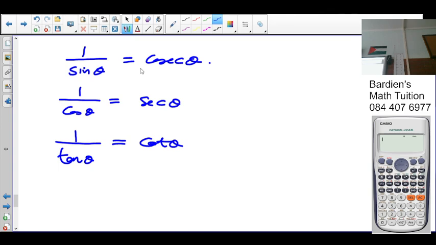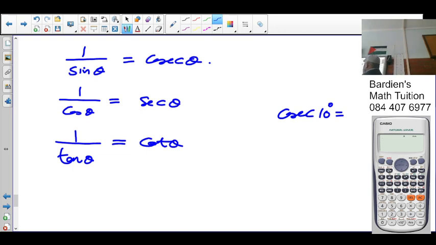Okay. So if, for argument's sake, they ask you to calculate cosec of 10 degrees. Now on a calculator we don't have cosec, sec or cot.